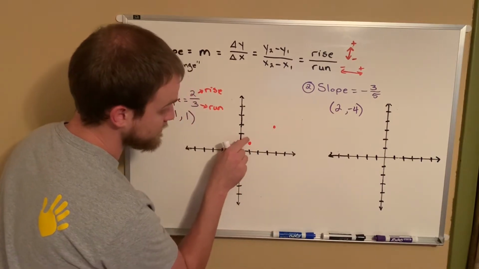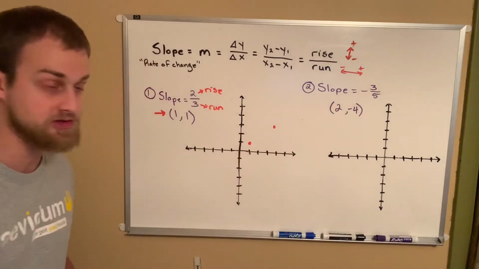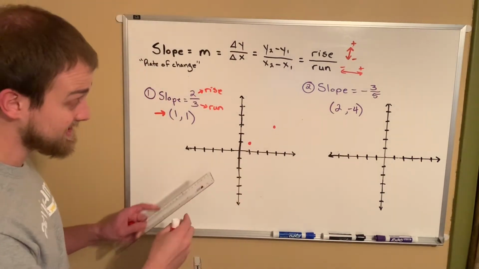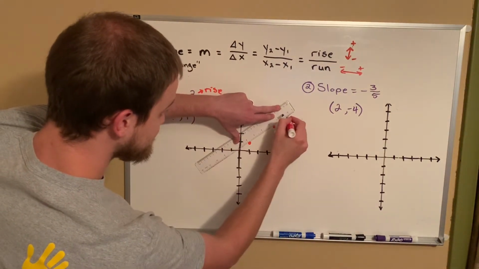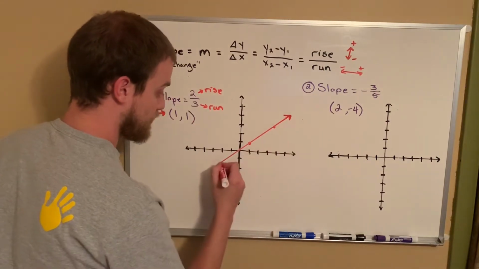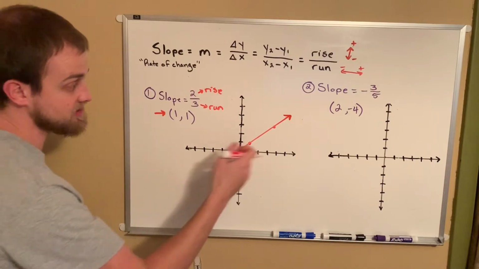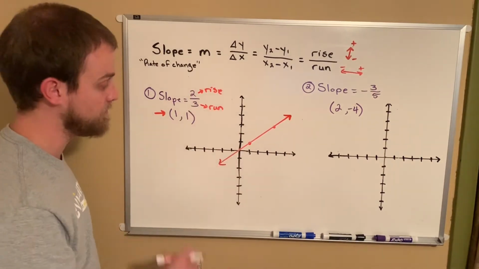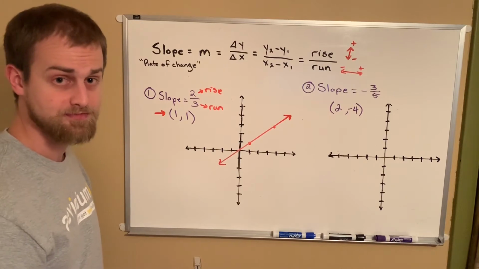So I rose 1, 2, I ran 1, 2, 3, and now I have 2 points that I can connect with a line, and I will have drawn this line according to this starting point and this slope. So this is a line that has 2/3 slope, but also contains the ordered pair 1, 1.